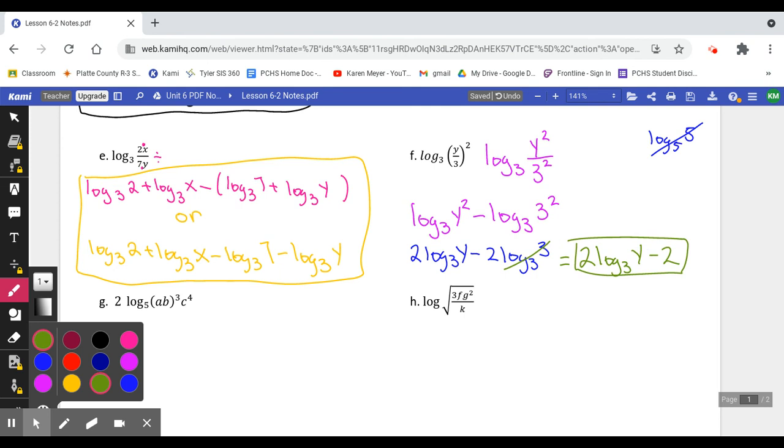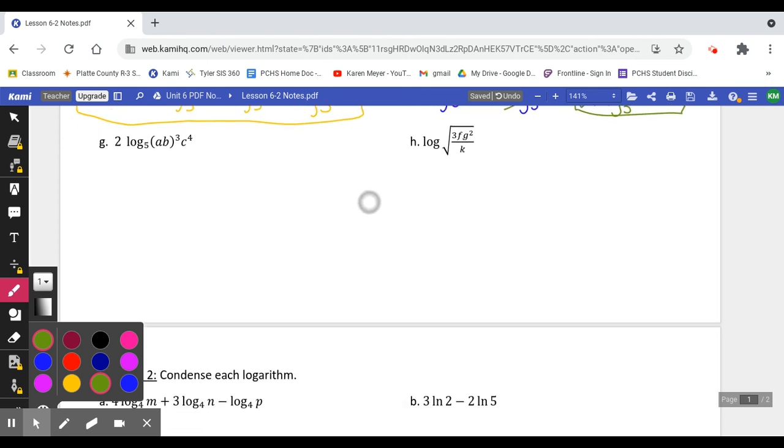Okay, next problem. On this one, do you notice that I put a 2 in front of the log? So that 2 in front of the log, what I'm going to do is take that and move it up as an exponent.